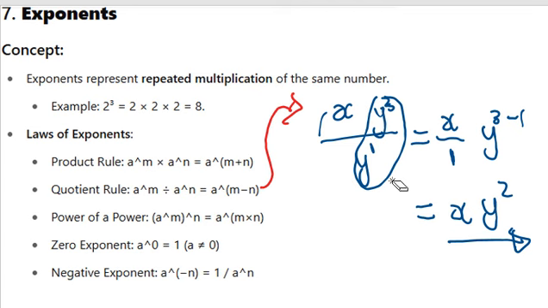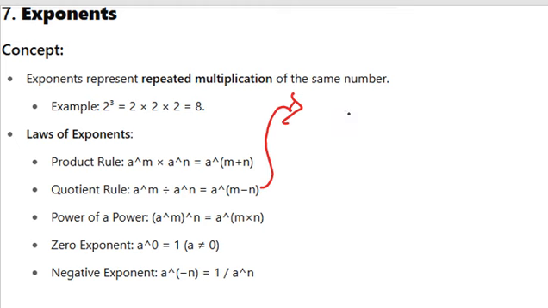Please, let's say we have another case. Let's say we have x y z over y z squared divided by x y. Let me just write it like this.